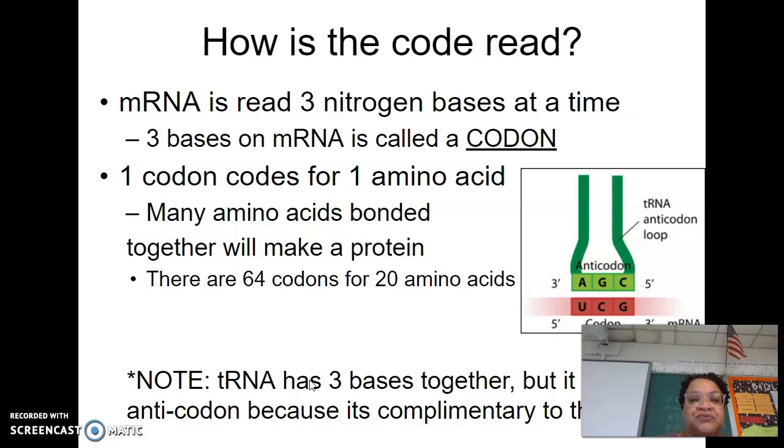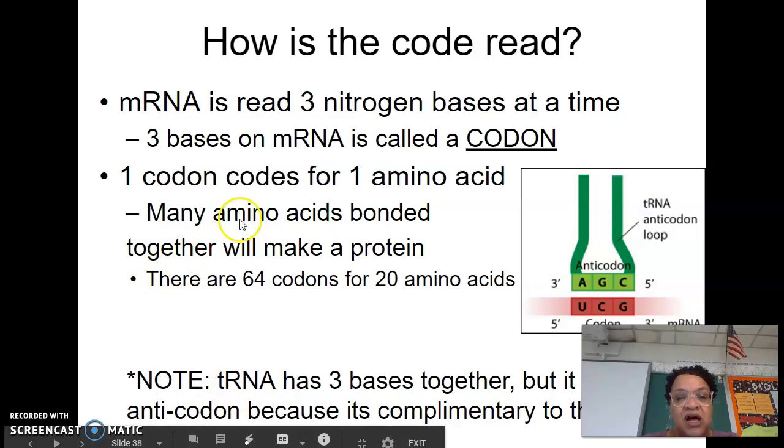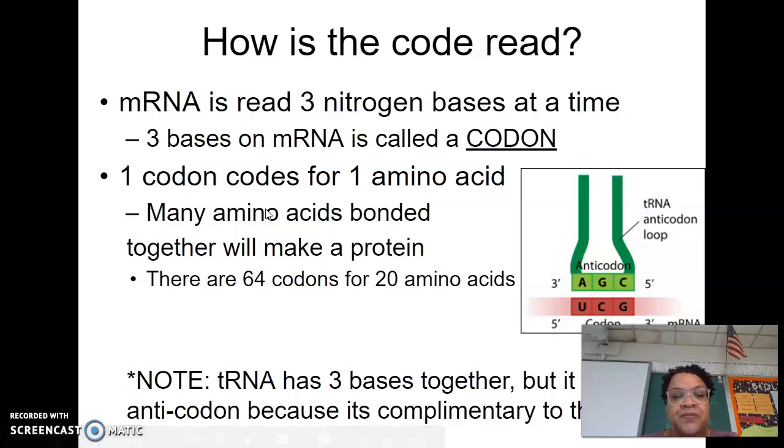So how is the code read? Messenger RNA is read 3 consecutive bases at a time. The bases are only on messenger RNA. We call it a codon. 1 codon is equal to 1 amino acid. When you have many amino acids bonded together, they make a protein.